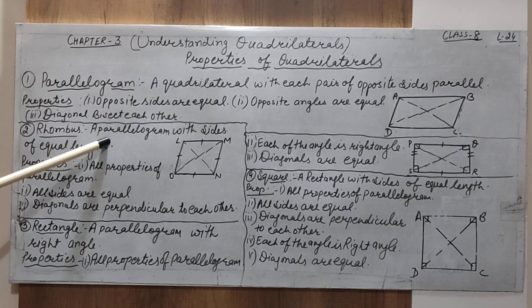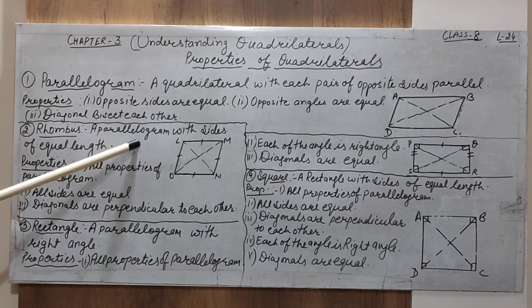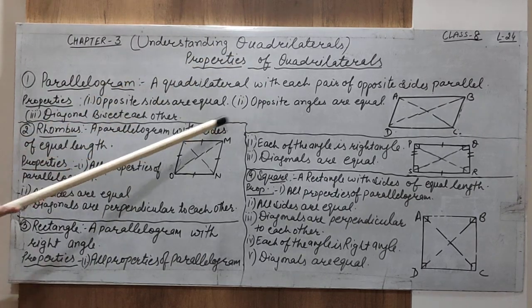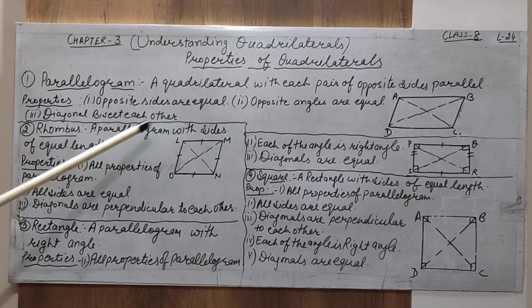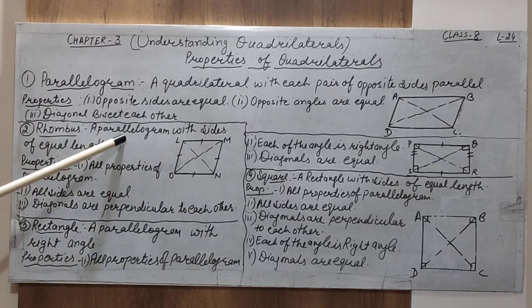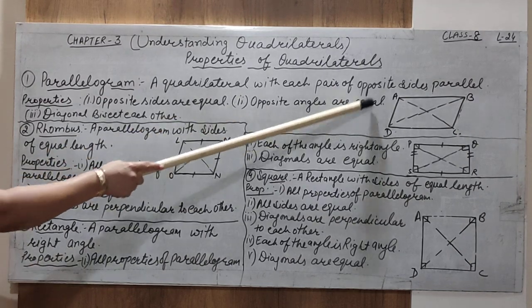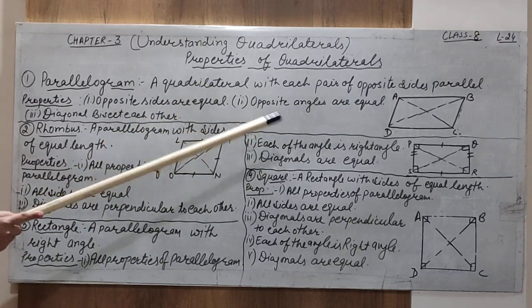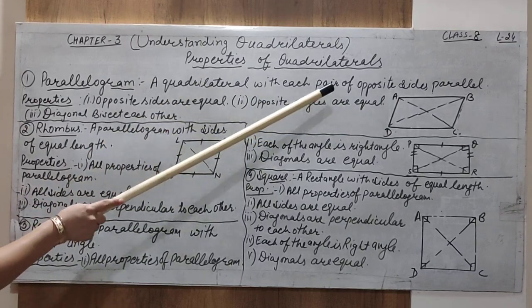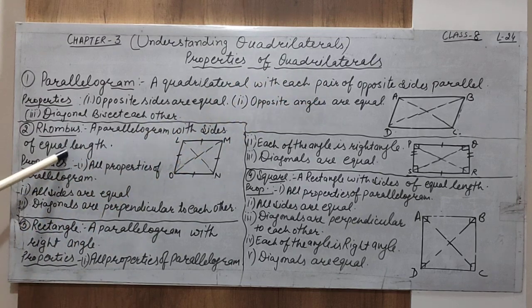So when I talk about the parallelogram, all its properties are also included in the definition of the rhombus: a parallelogram with sides of equal length. In a parallelogram the opposite sides are equal, but in a rhombus all sides are of equal length.